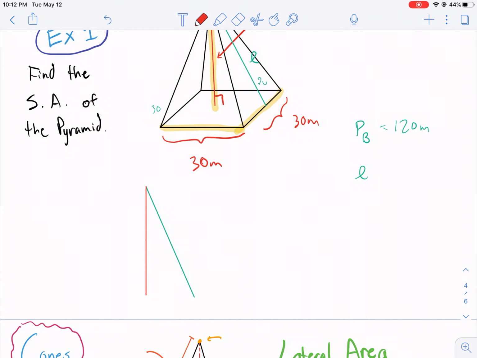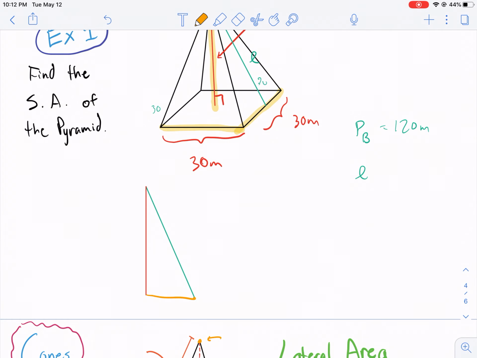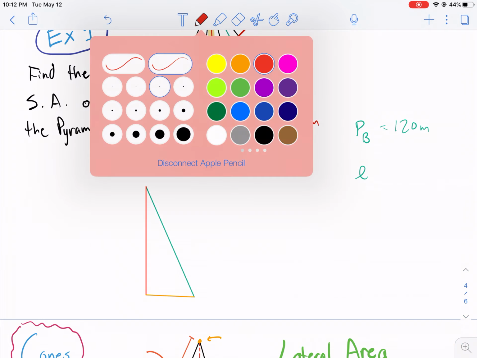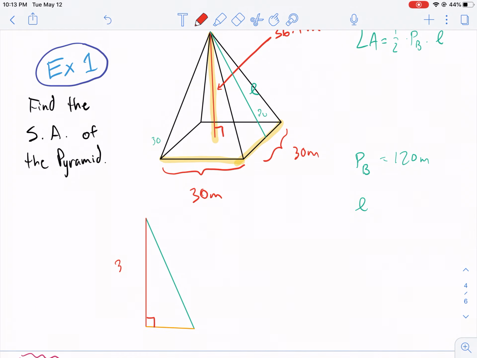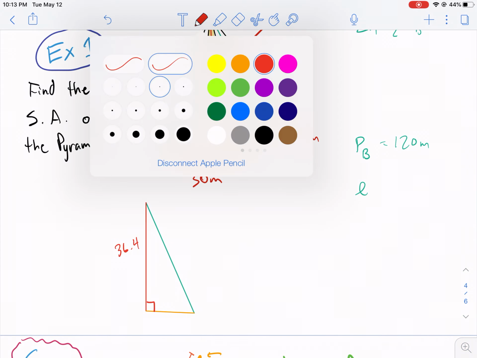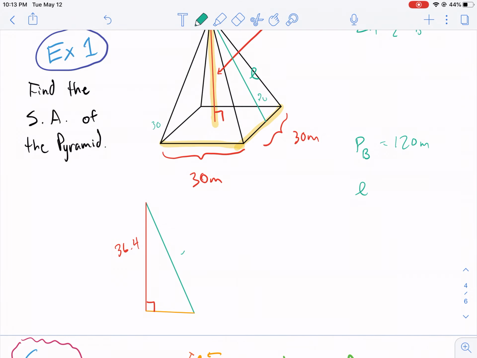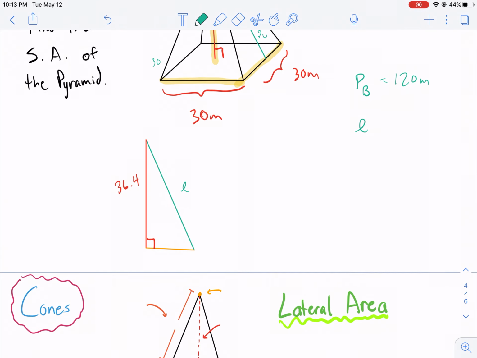As we know, the actual height is perpendicular to our base, and this is our base. I know it doesn't look perpendicular, but I think you guys get the point. Now, we know the height is 36.4. We are looking for the slant height. In order to use the Pythagorean theorem to find the third side, we need a second side.